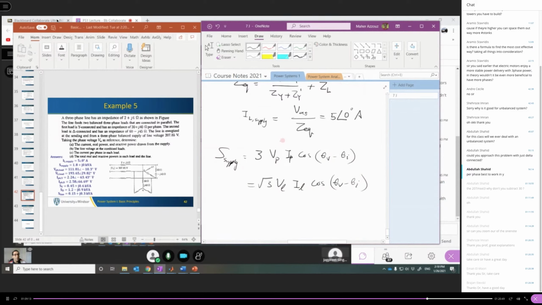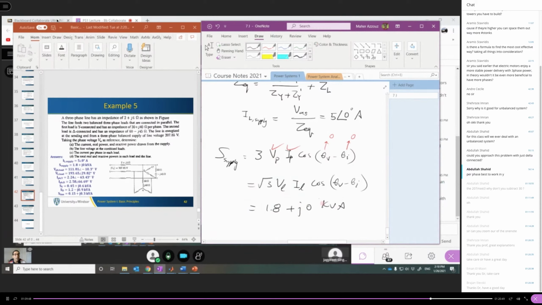We can use the first expression because we have the phase to neutral voltage and the phase current, which is actually equal to the line current. The angle here is 0 and this angle is also 0. So you can calculate the supply power, which is 1.8 plus J0 kilovolt amp.